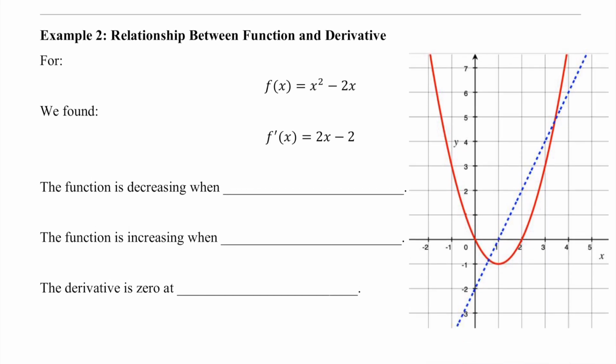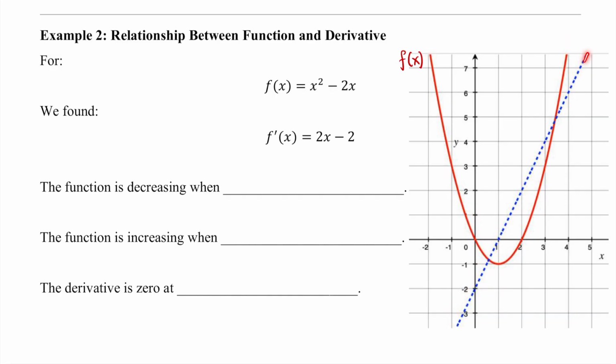Now, let's look at the relationship between a function and its derivative. Given the function f of x equals x squared minus 2x, from the previous example, we found the derivative f prime of x equals 2x minus 2. The red curve on the graph represents the function f of x.